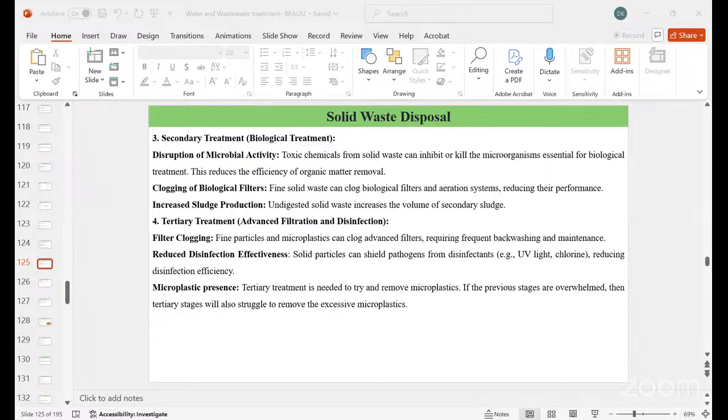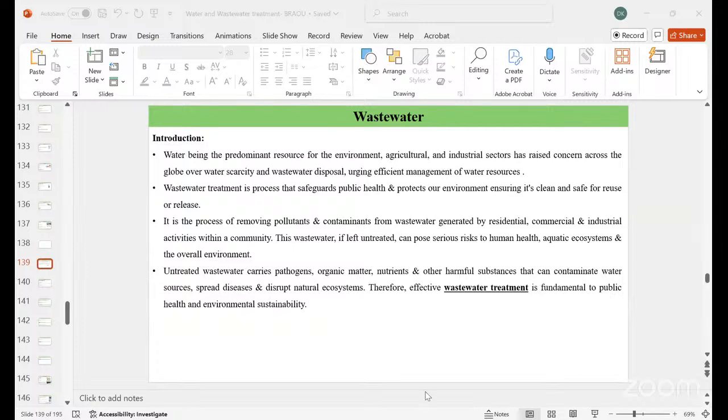So coming to wastewater, water being the predominant resource for the environment, agriculture, and industrial sectors, has raised concern across the globe for its scarcity and wastewater disposal, which urges the need for efficient management of water resources.